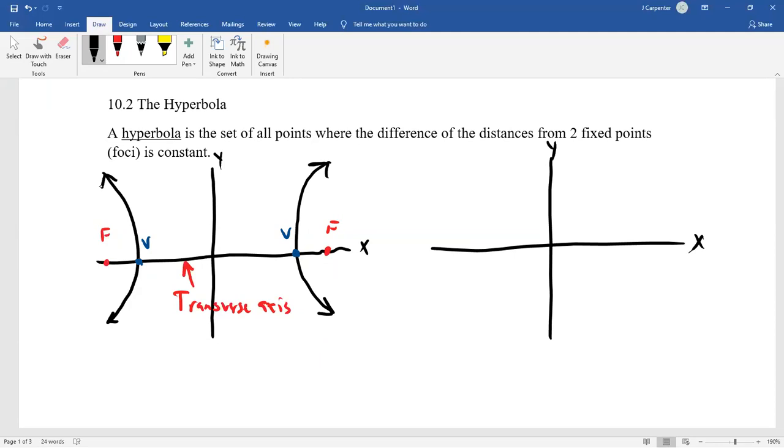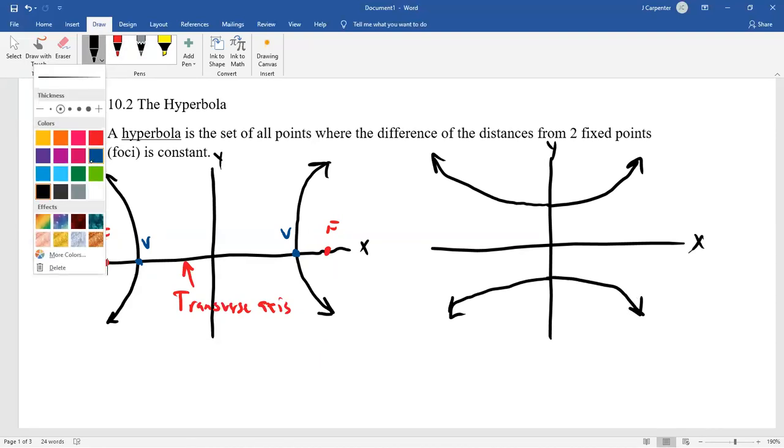So if they open more vertically, then the vertical axis is transverse. And like I said, these things are kind of like wide parabolas. Something like this. They don't have to be that wide, but you get the idea. They are pretty wide in comparison generally.